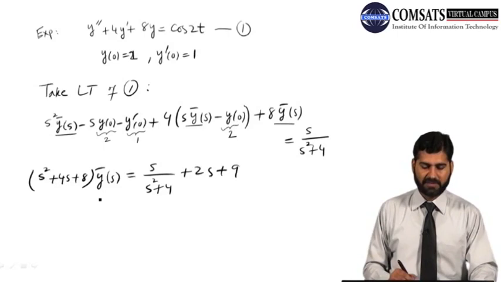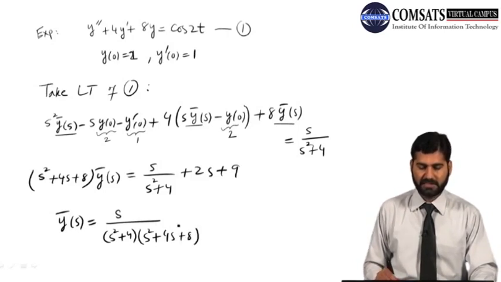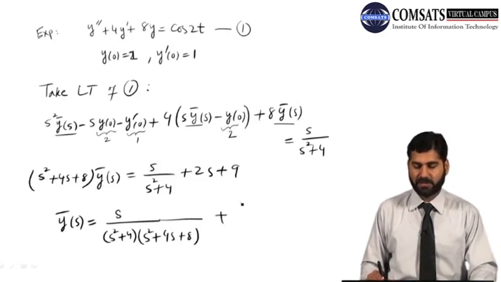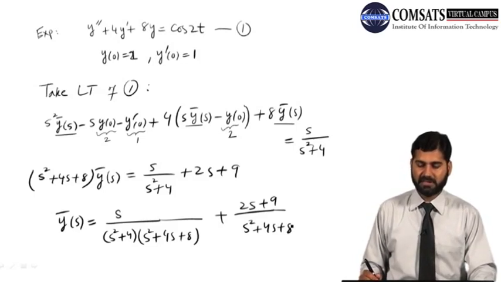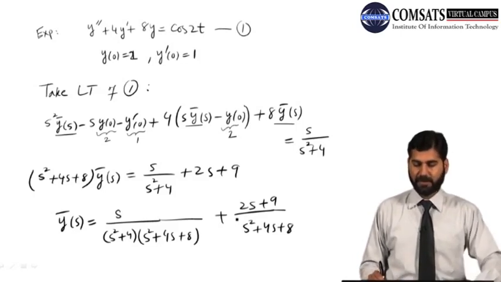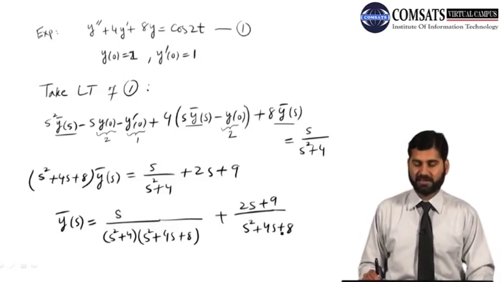Now you divide by the left hand side, and you will get y bar of s equal to s over (s squared plus 4)(s squared plus 4s plus 8) plus (2s plus 9) over (s squared plus 4s plus 8). All right, this is what you got. Here you can separate these two terms, 2s over this and 9 over this.